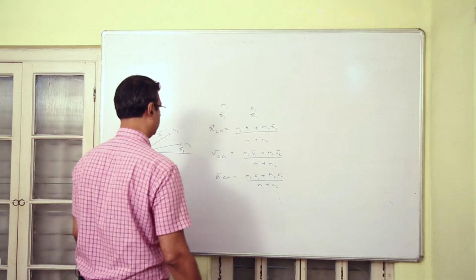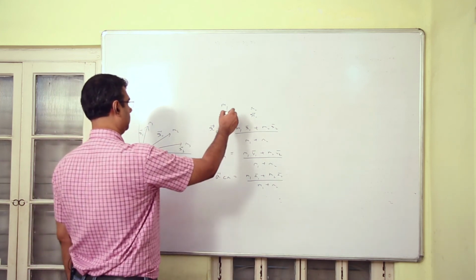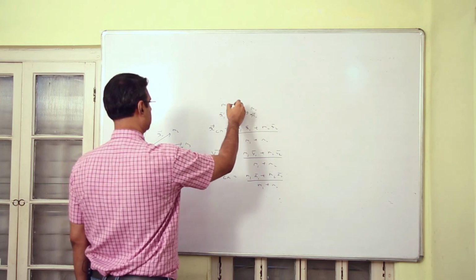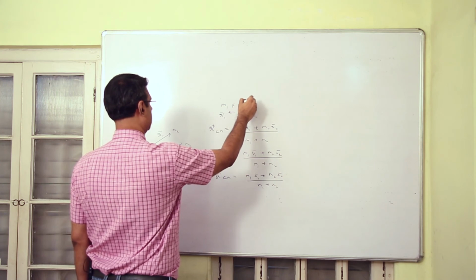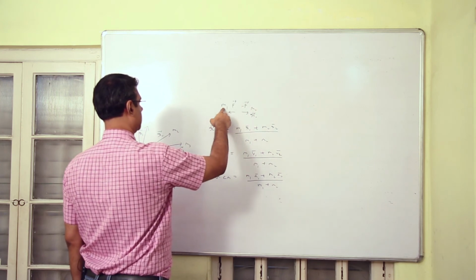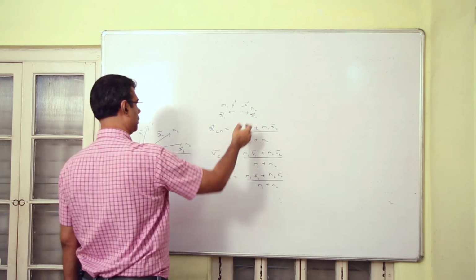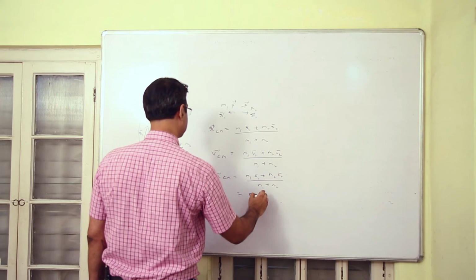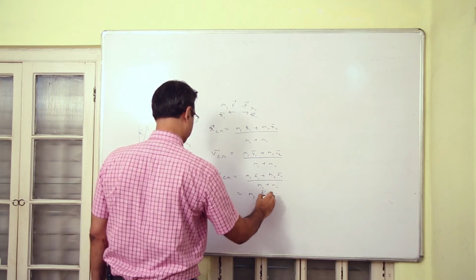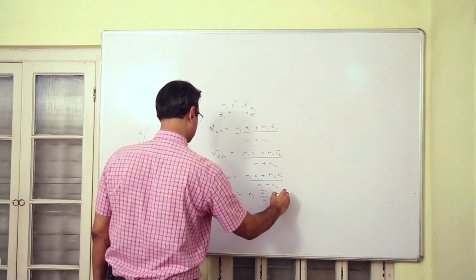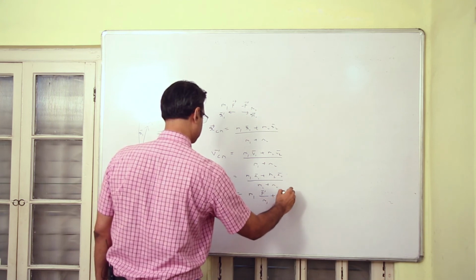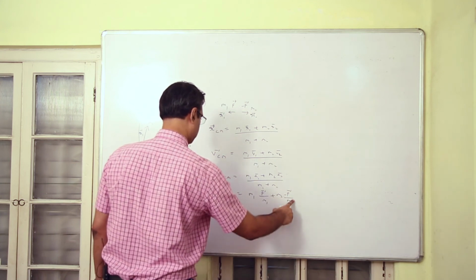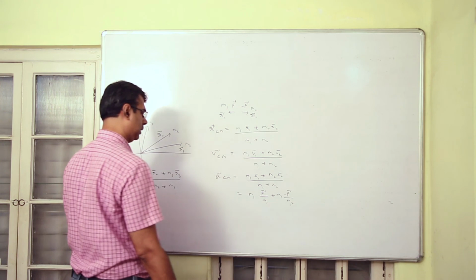In that case, what will happen is that the force on this mass will be equal and opposite to the force on this mass. So suppose the force on this mass is F, then the force on the other mass will be minus F. So if you replace a1 with F by m1, then you can replace a2 with minus F by m2.